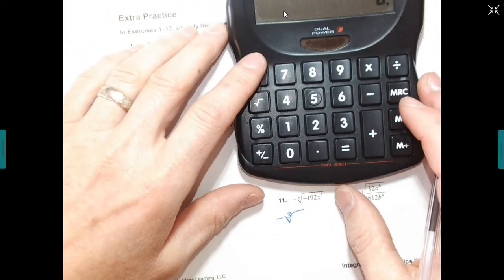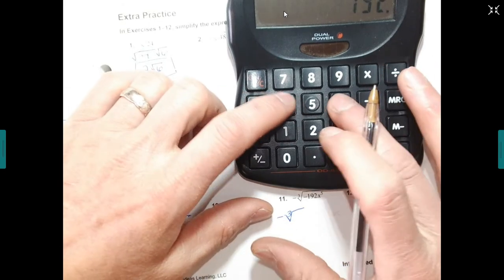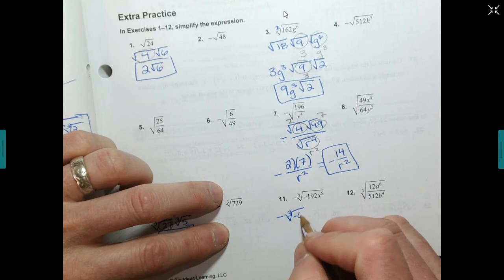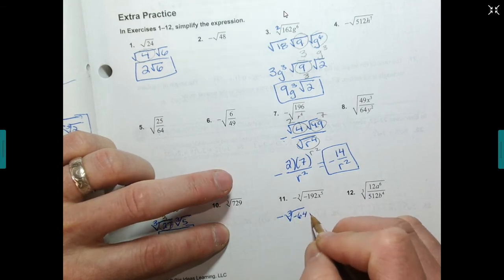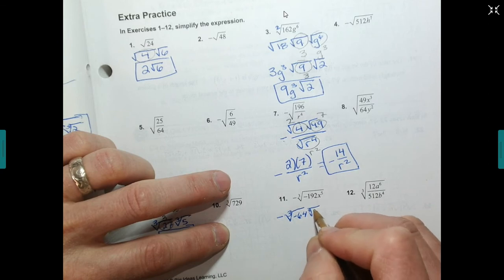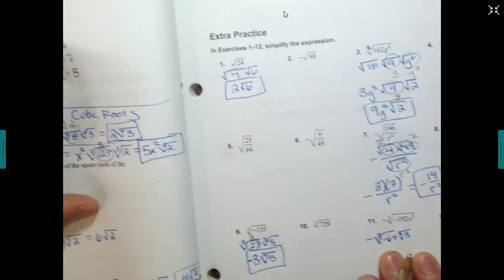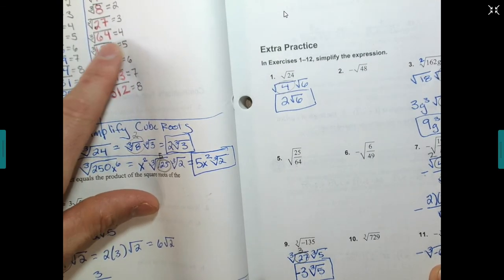Let's see, 192. Let's see if I can get a 64 out of it. Yes, 64 times 3. Negative 64 times the 3rd root of 3. So when I go over here, I look for my 64, and I've got 64. The cube root of 64 is 4.